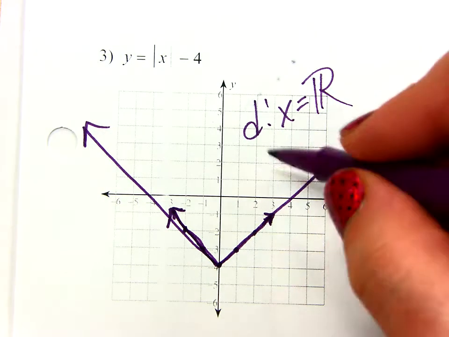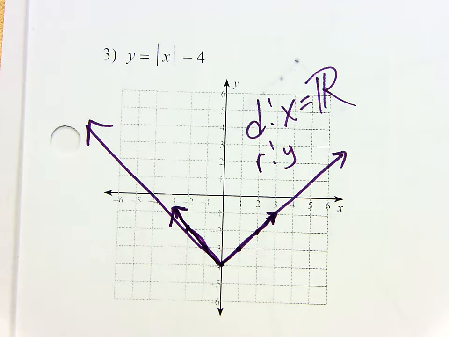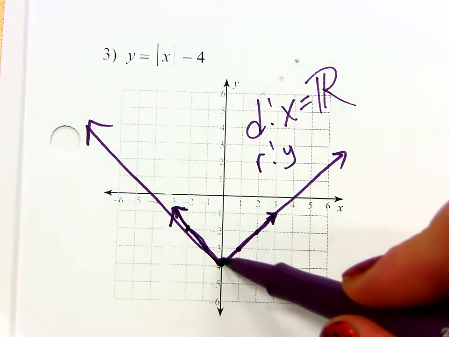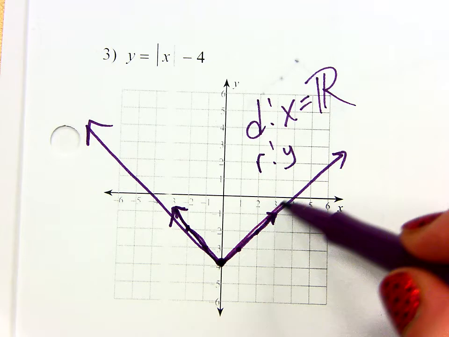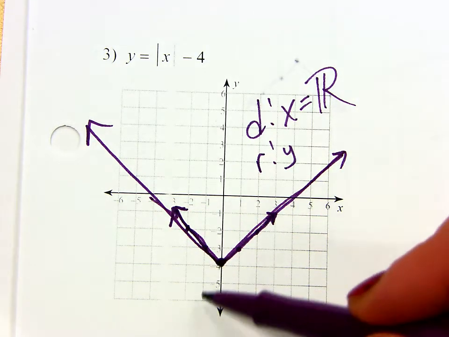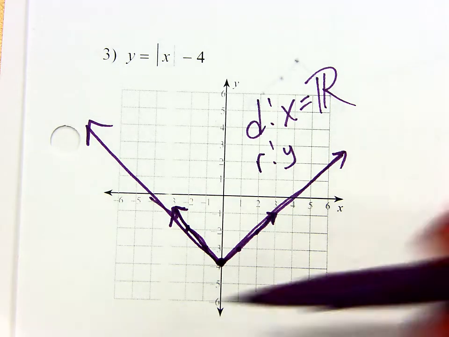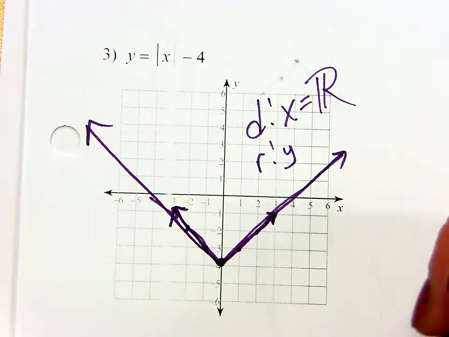Range, remember, is your y values. Will I get every y value in the whole wide world? No, I will not. I'm never going to get the ones down here. The lowest I ever get is this point, and then it continues up forever in both directions. So I will never get a y value of -5, or -6, or -100.